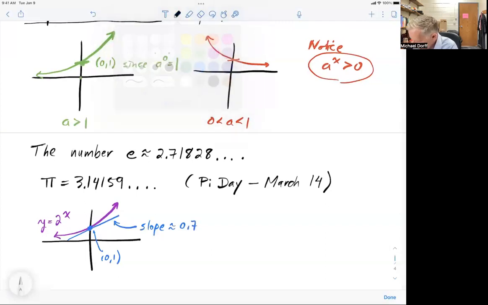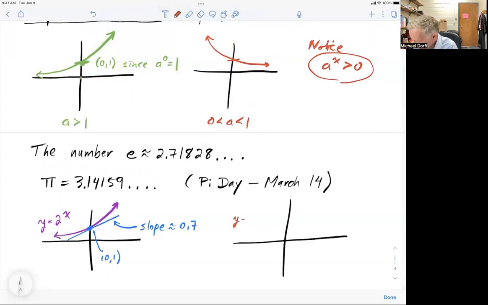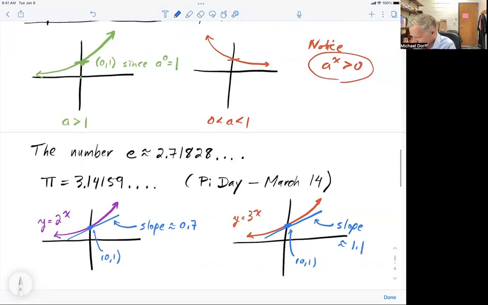Now, on the other hand, if I were to do the same thing but pick a different function, let's do y equals 3 to the x. It's going to look similar, but a little different. This time I want to look at this point (0, 1) and find the slope of this tangent line. It turns out that if my a value is 3, the slope is about 1.1.